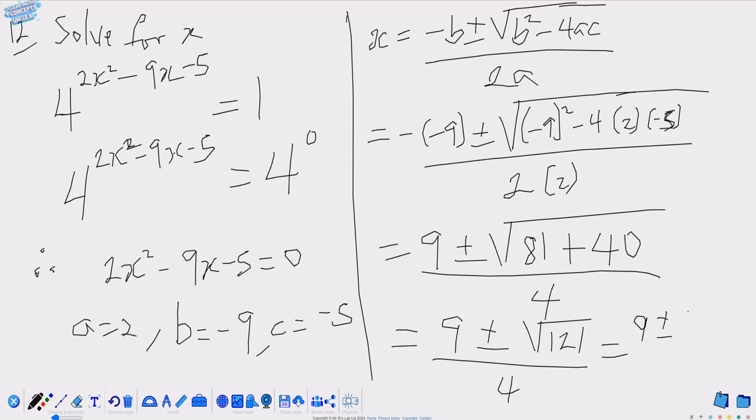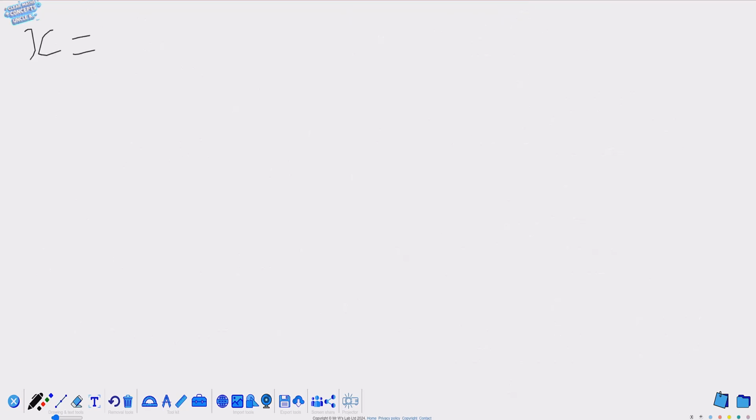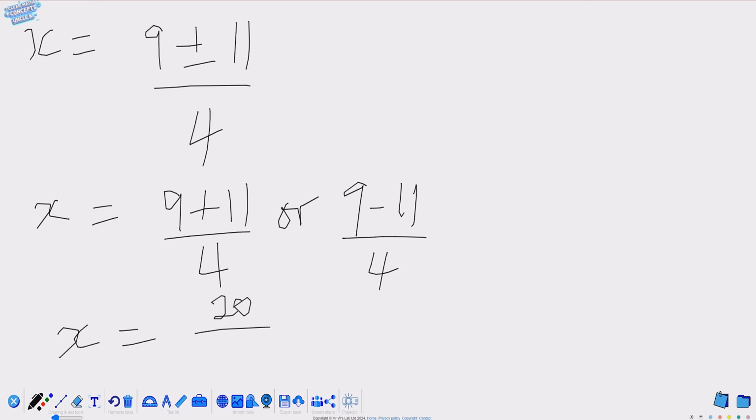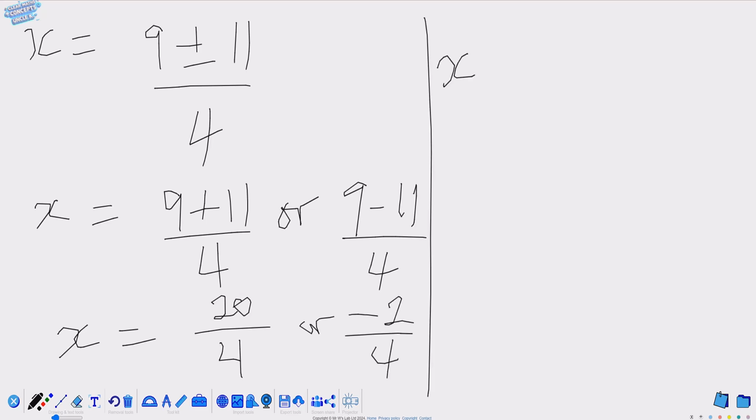So x will be either 9 plus 11 over 4 or 9 minus 11 over 4. x equals 20 over 4 or minus 2 over 4, which is x equals 5 or minus 0.5.